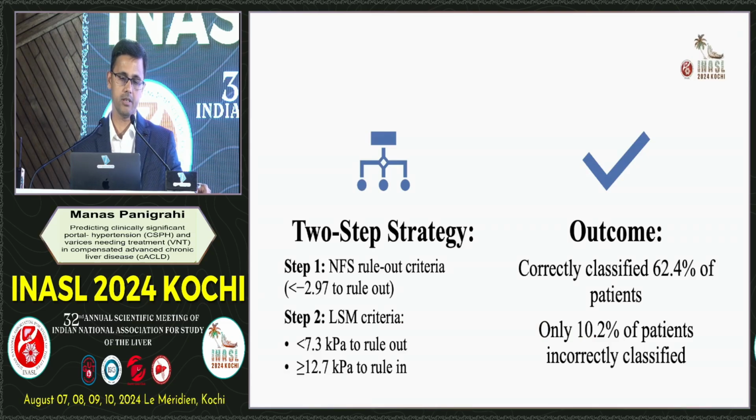And they have suggested a two-step strategy. First step NFS rule out criteria, and second step is LSM criteria. With that they correctly classified 62%, and only 10.2% of participants were incorrectly classified.